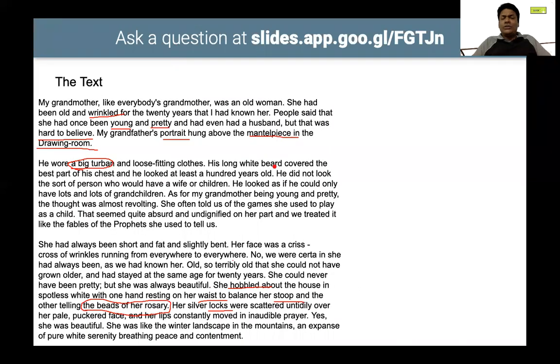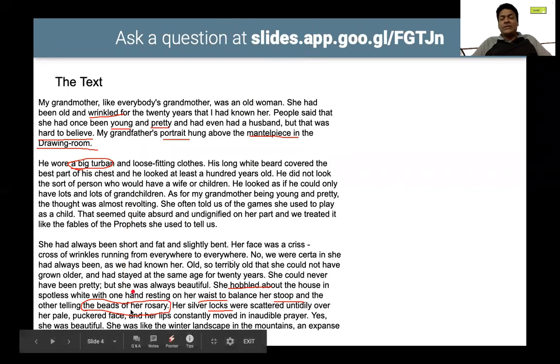So we understood till this point how the author discusses his grandmother in the first unit: how his grandmother's appearance was, how she looked, and how the author compared his grandmother with nature.